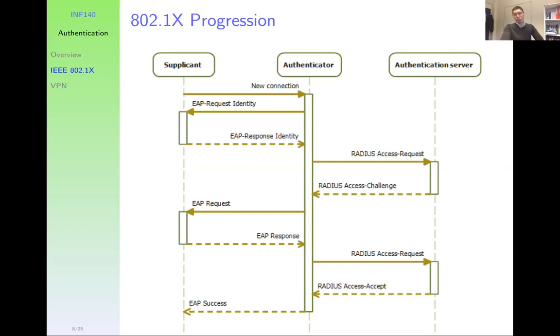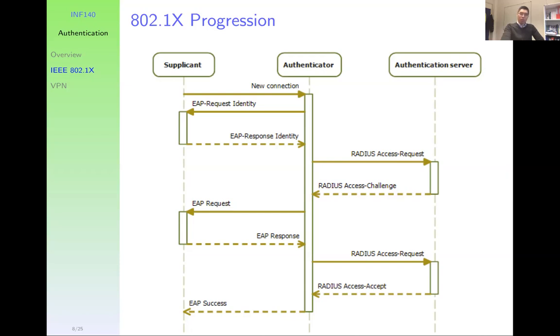The authentication server will check the identity of the supplicant, and sometimes, based on whether it uses PAP or CHAP protocol, it might generate some challenge to the authenticator.